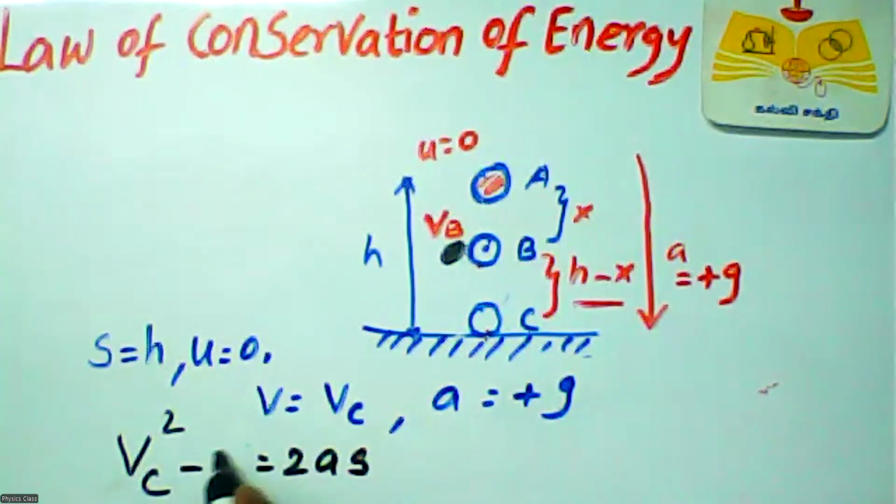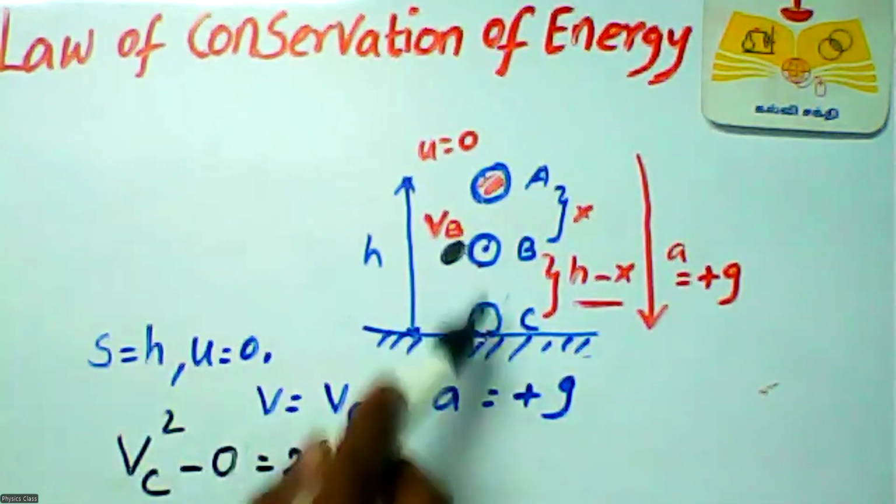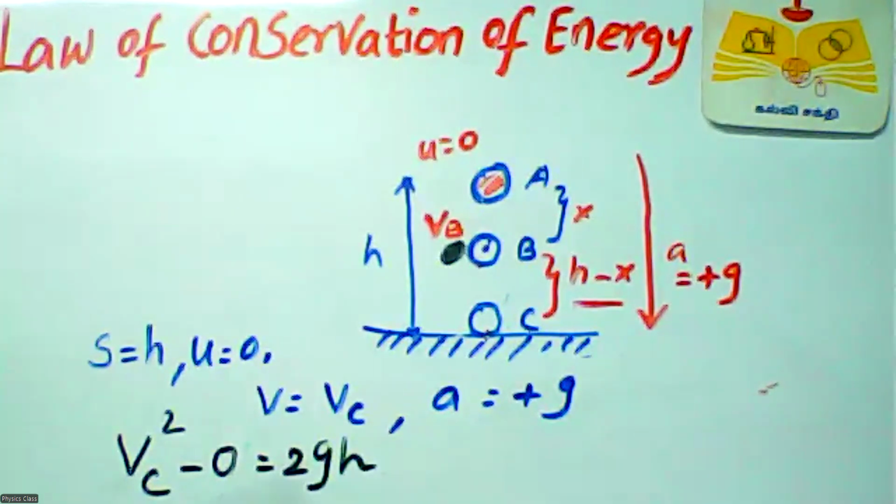And 2a, where a is replaced by g. And s is replaced by h, because the object travels that distance. So vc square is equal to 2gh, which is the velocity of the object at position C.